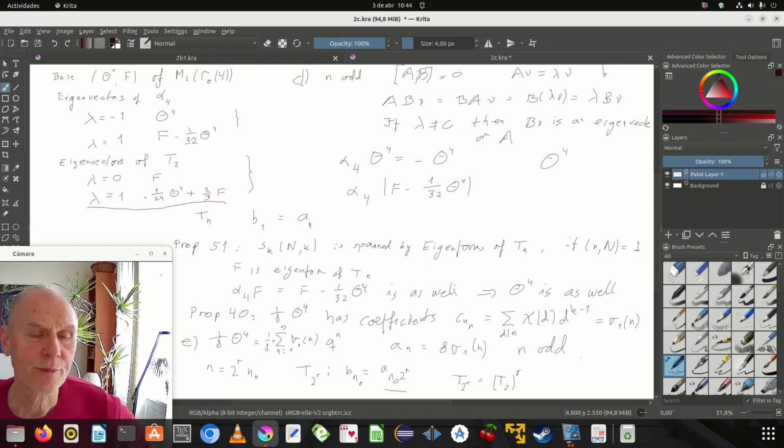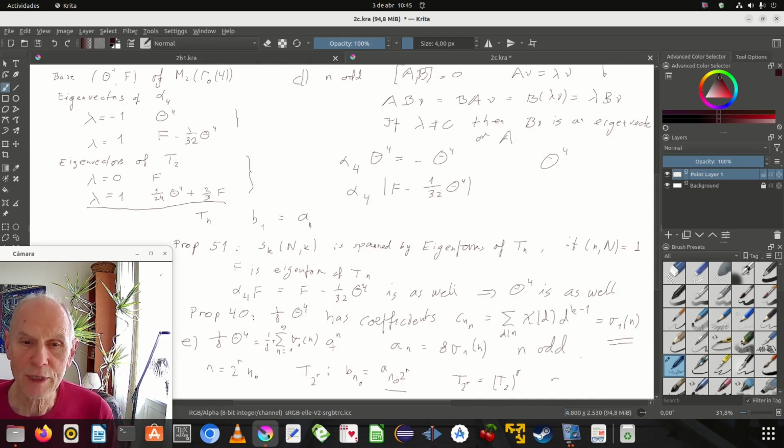When we operate with Tr, we should operate on this guy, which has eigenvalue 1, and the even coefficient here has no contribution from f, which means that's exactly 1/24th of the guy we're interested in, and we already know that's equal to sigma 1 of n.